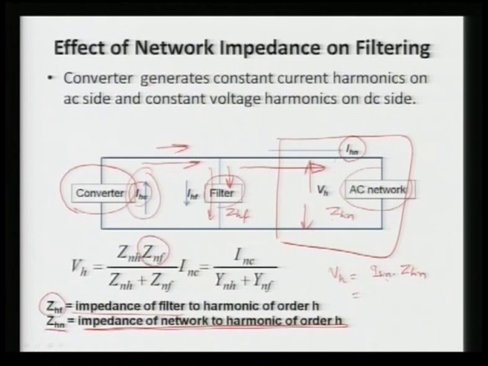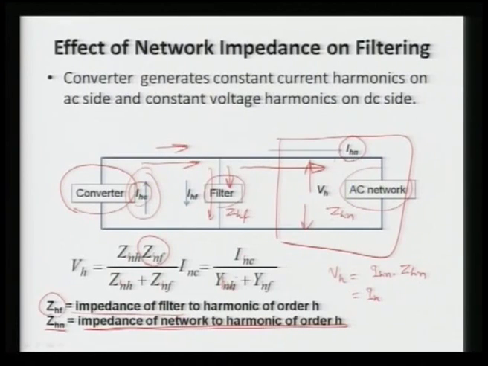Now, this IHN in terms of IHF, I can say, basically all this H is looking like N. This H we are talking about here, here it is HN, and here it is HF.